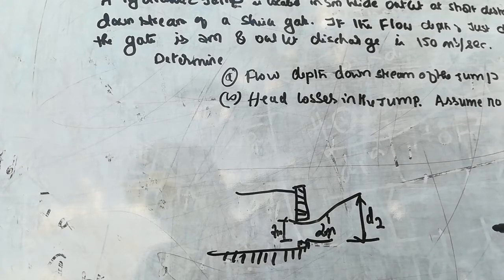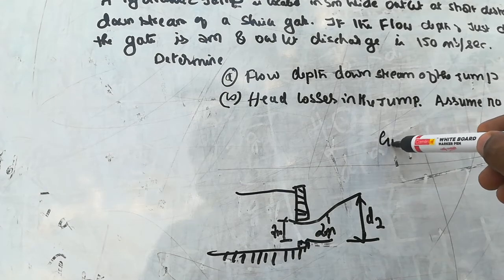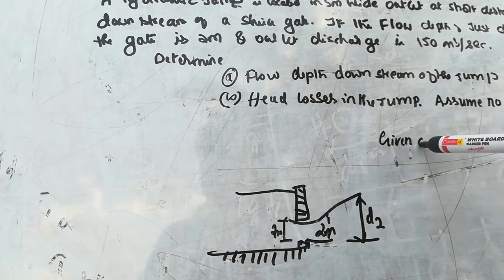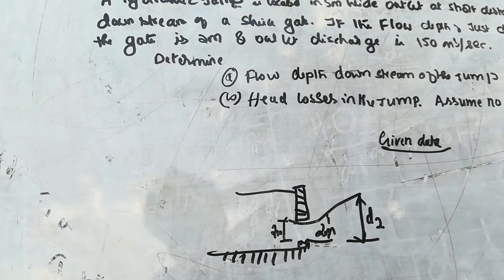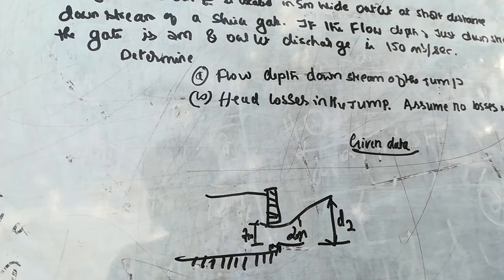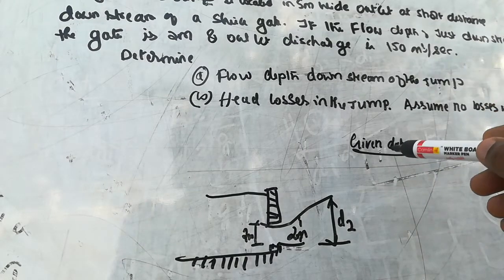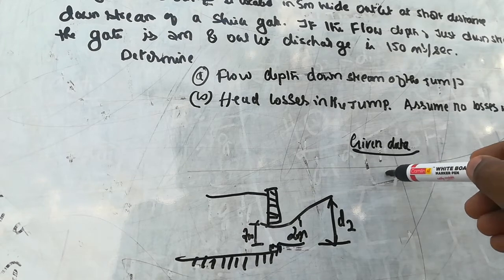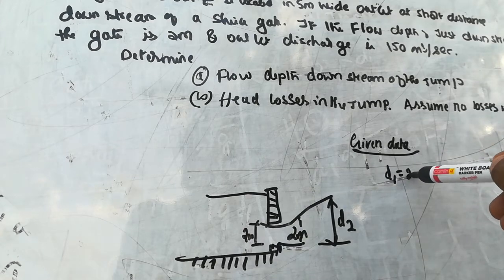So first, what is the given data? The flow depth just downstream of the gate is d1 is equal to 2 meter.